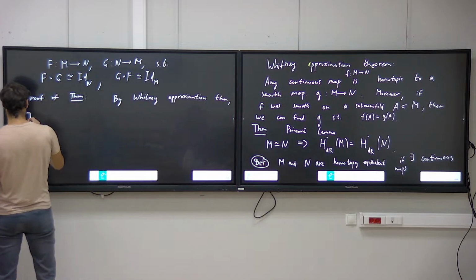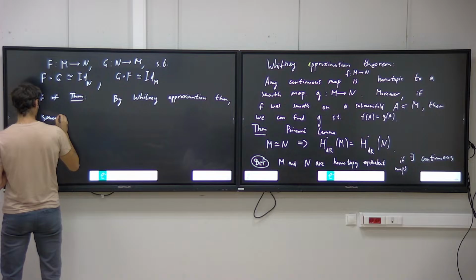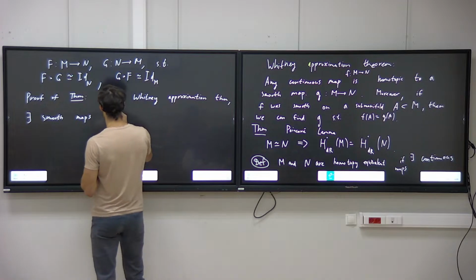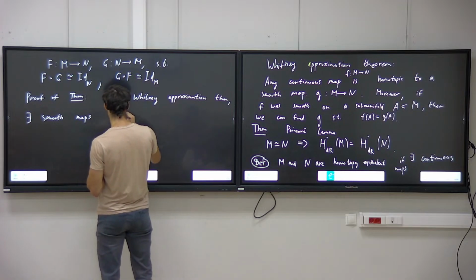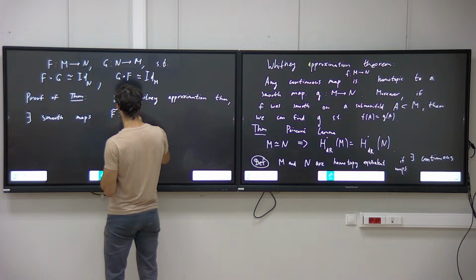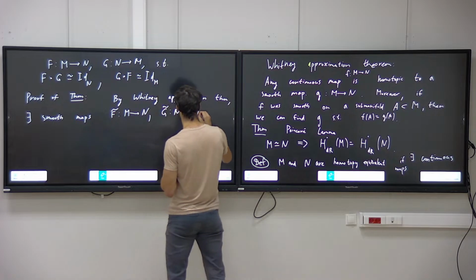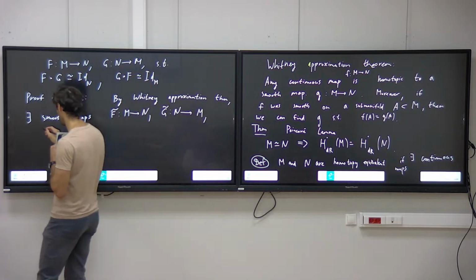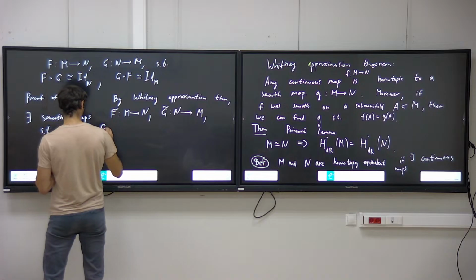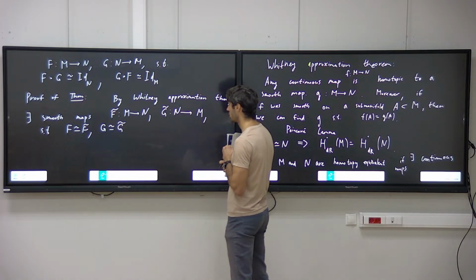We have smooth maps F tilde from M to N and G tilde from N to M, such that F is homotopic to F tilde and G is homotopic to G tilde. This is just by the Whitney approximation theorem.